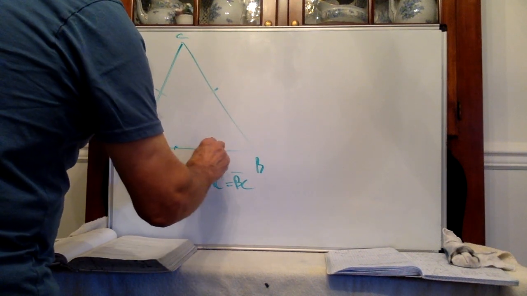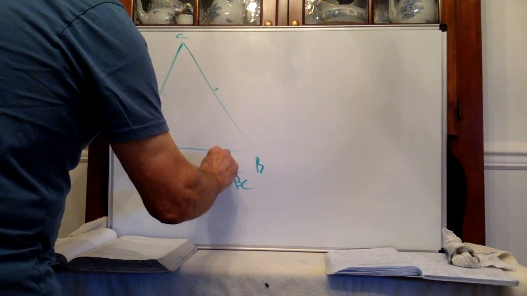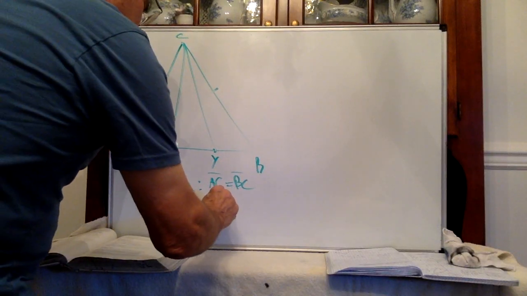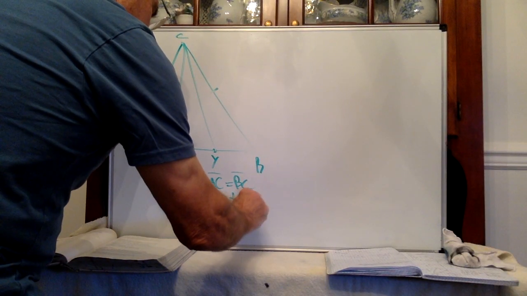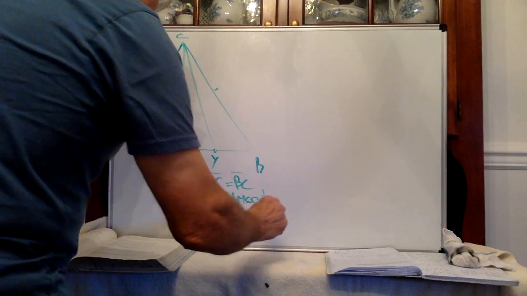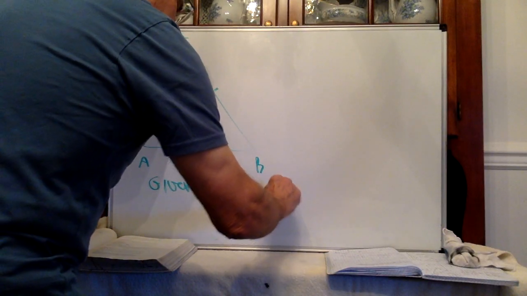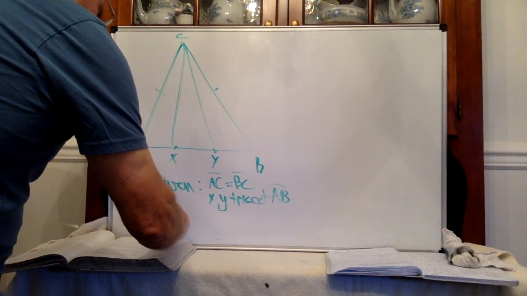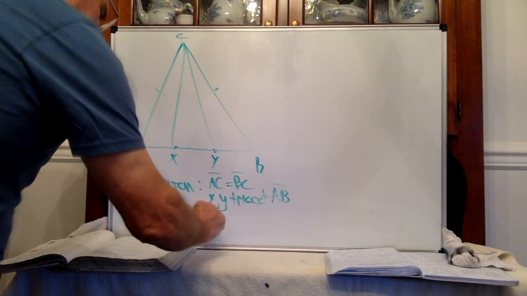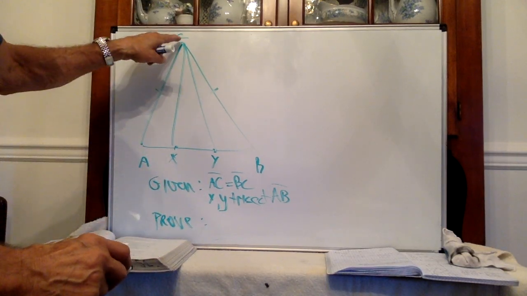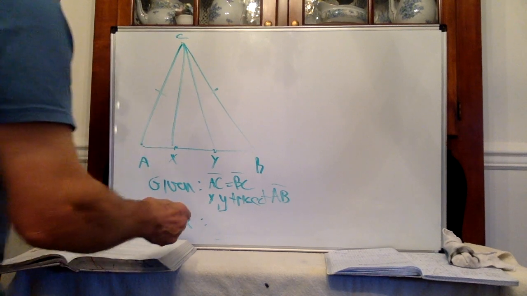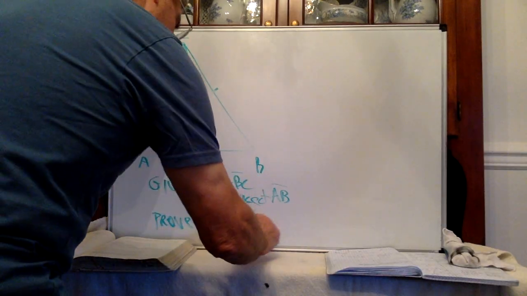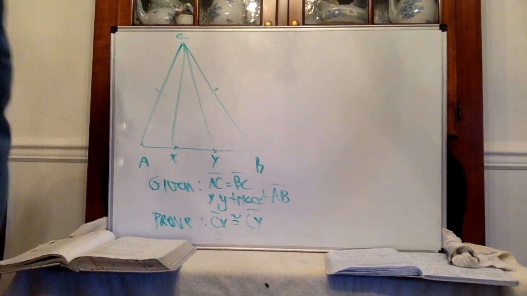So let's call these X and Y. So X and Y trisect AB. And now I can write my proof statement. It said prove that these line segments from the vertex to these points, prove that CX is congruent to CY. Prove that those segments are congruent.